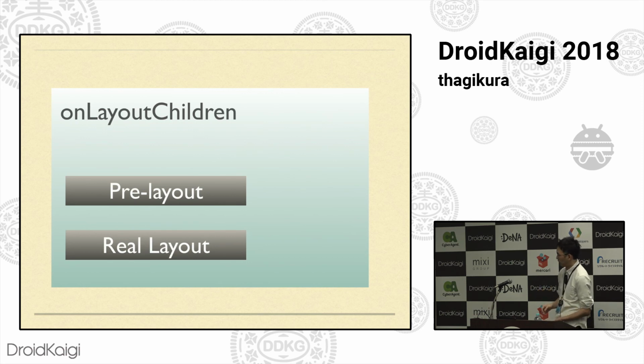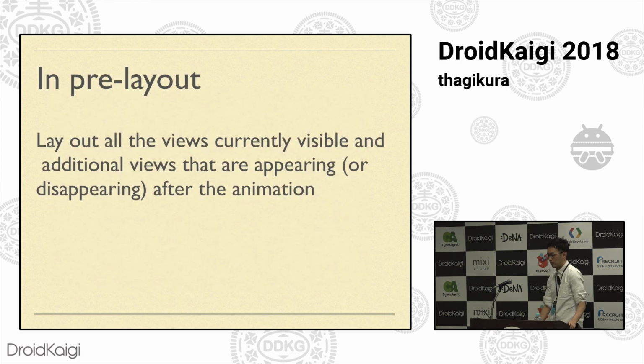Pre-layout is what I'm going to talk about. Pre-layout is a layout phase where the layout manager lays out all the views currently visible and additional views that are appearing or disappearing after the animation. If you can understand from the sentence, you are too smart and you don't have to listen to me.